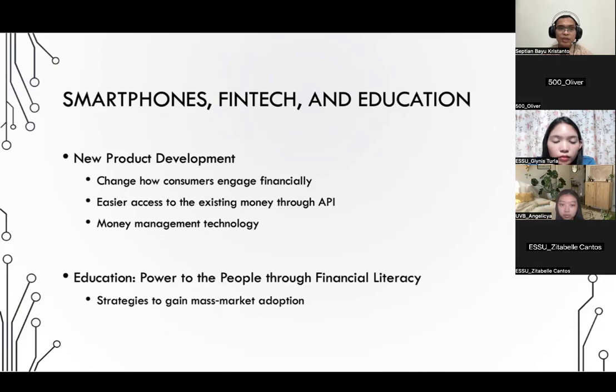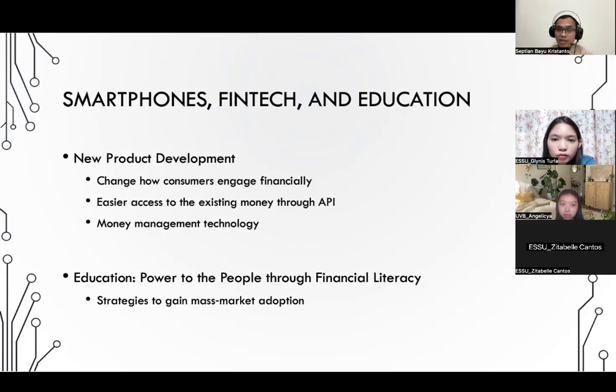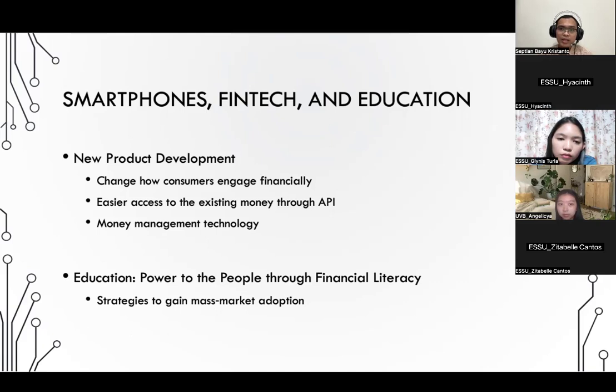And then with education, we can help people. It's empowering people with financial literacy. And this strategy will take a lot of mass market adoption, because as we learned before, in the future of banking we have dual markets, the digital market and the real market.